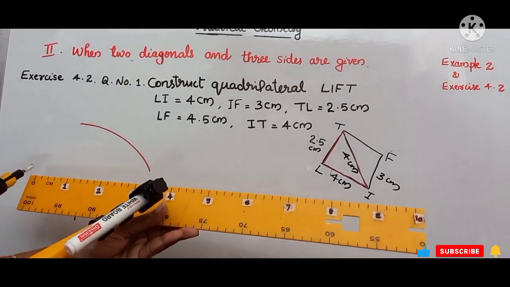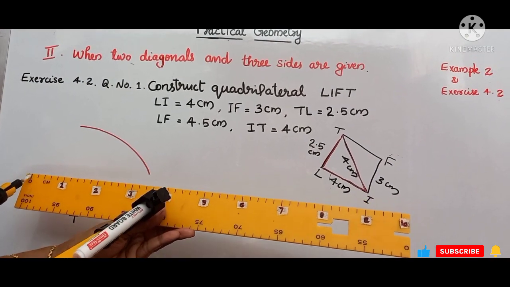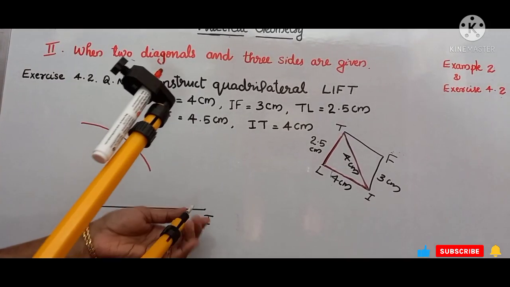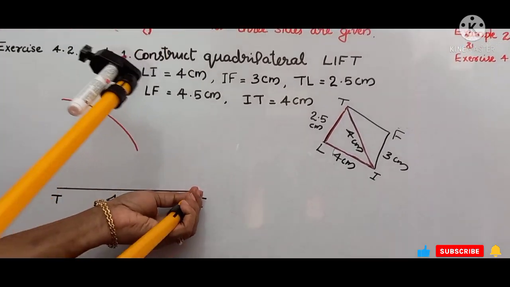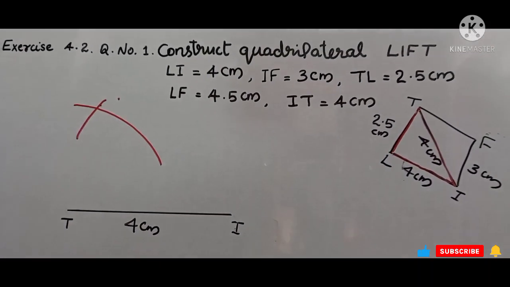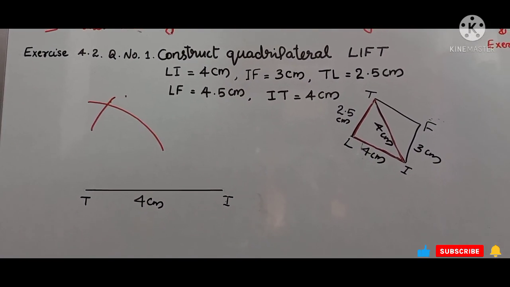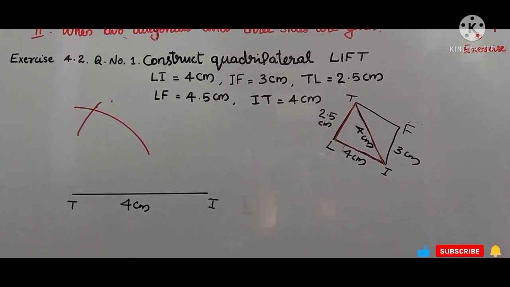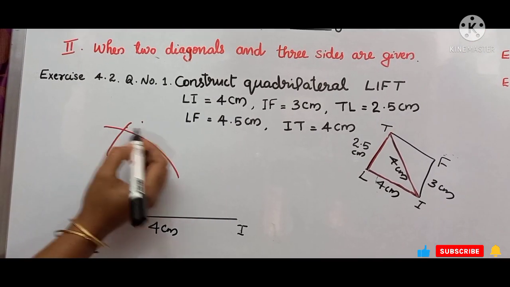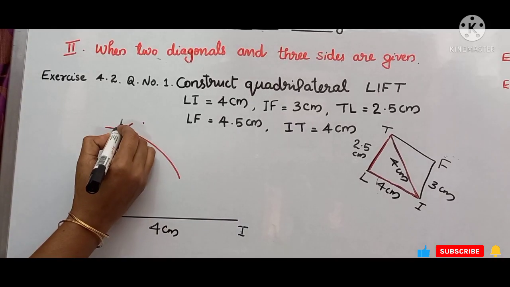Then pointing on I, draw another arc. This point of intersection of these two arcs is the point L.